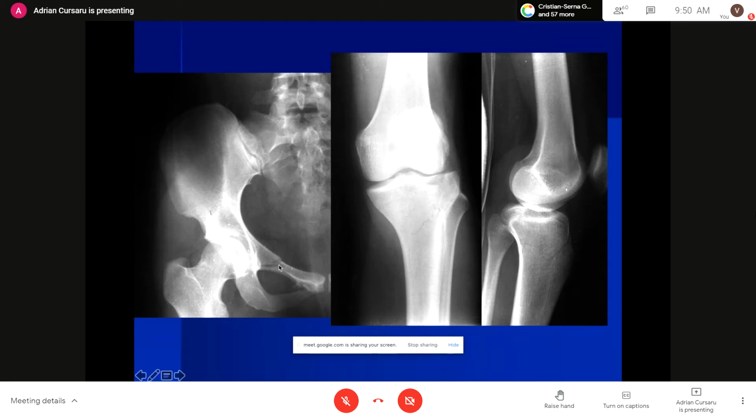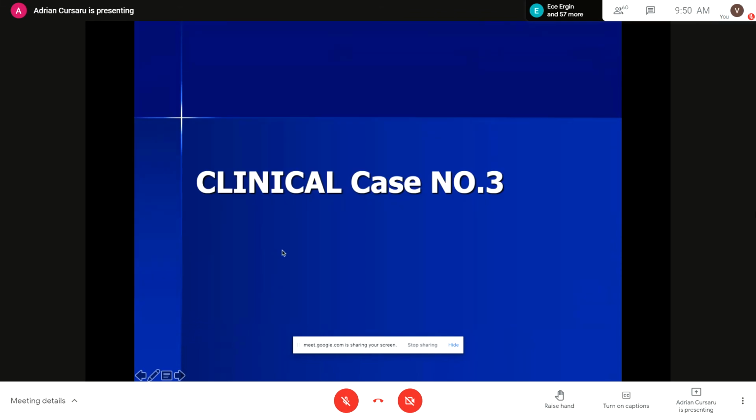You can say that it's a little displaced or undisplaced fracture, but it isn't like this, because you will have to check superior here on the sacroiliac joint. You can see it's in an abnormal position. We have a fracture here on the sacrum and a fracture here on the obturator ring.